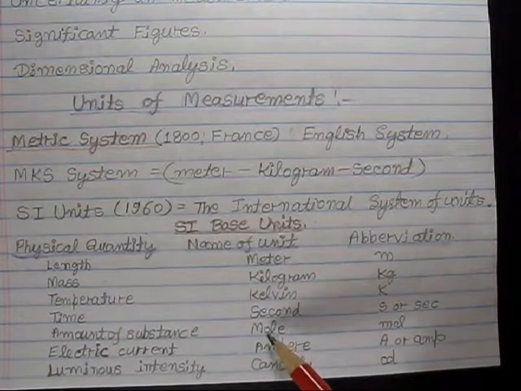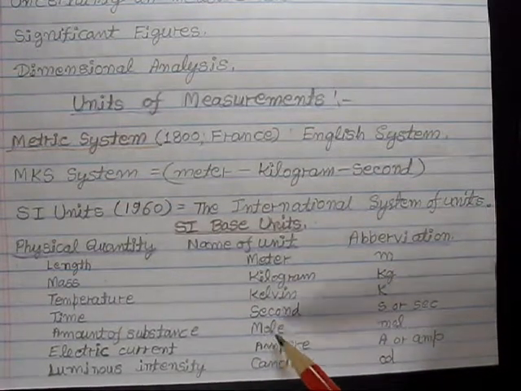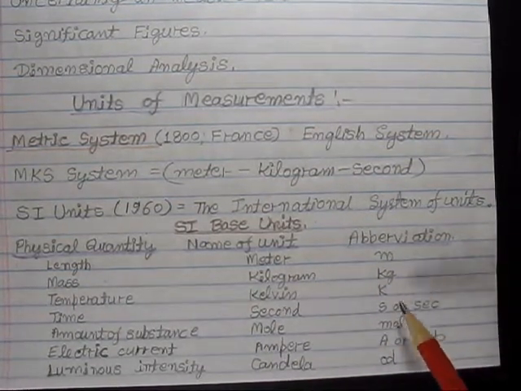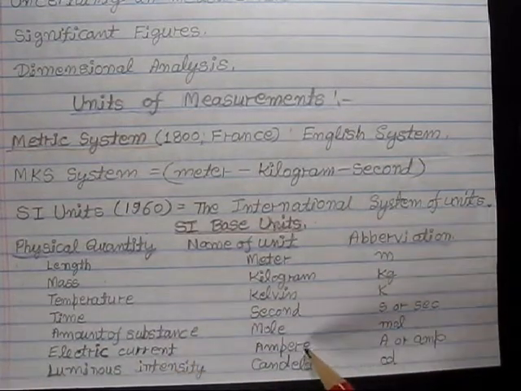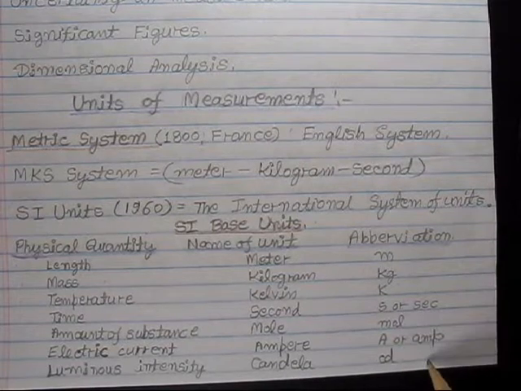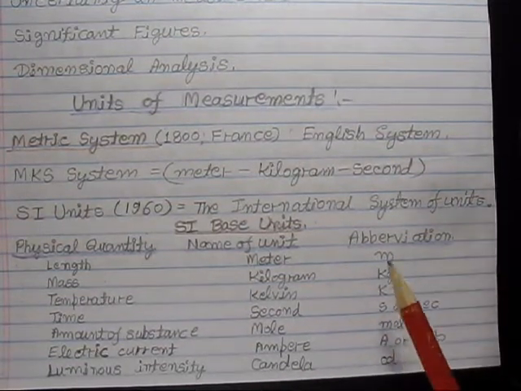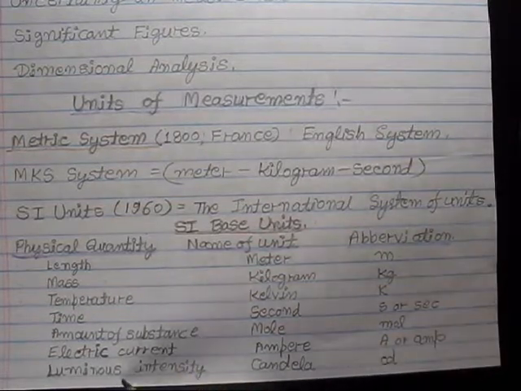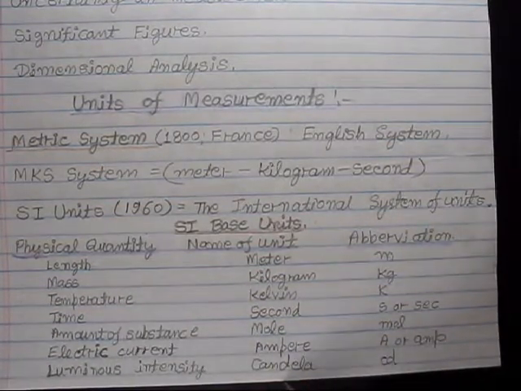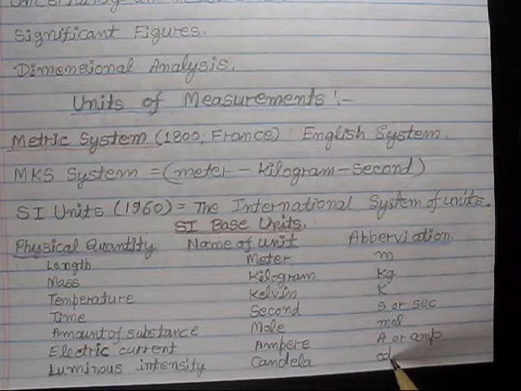Amount of substance is measured in the mole, and its abbreviation is mol. Electric current is in ampere and its abbreviation is capital A or amp. And luminous intensity is candela, and its abbreviation is cd.